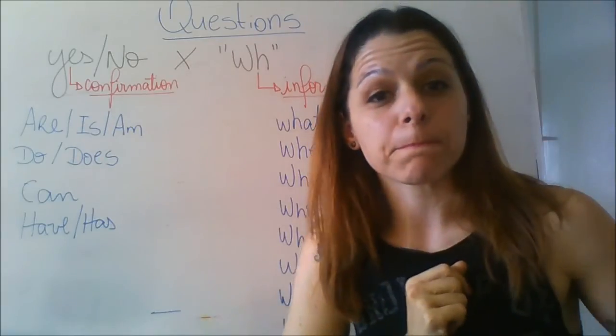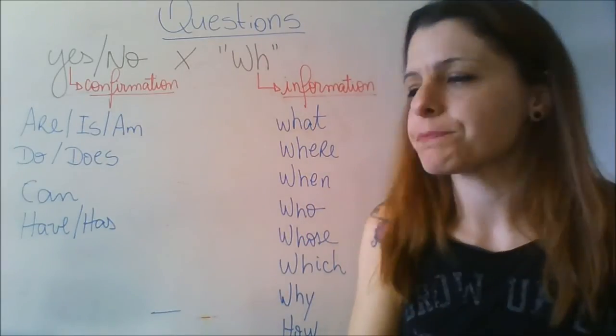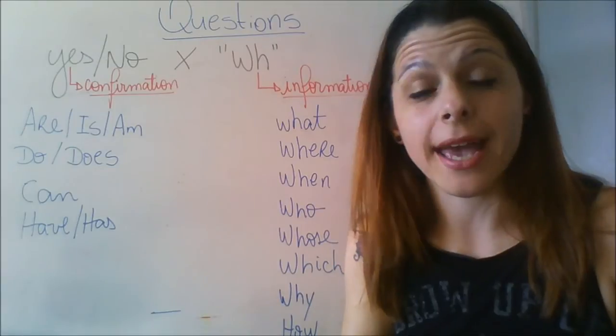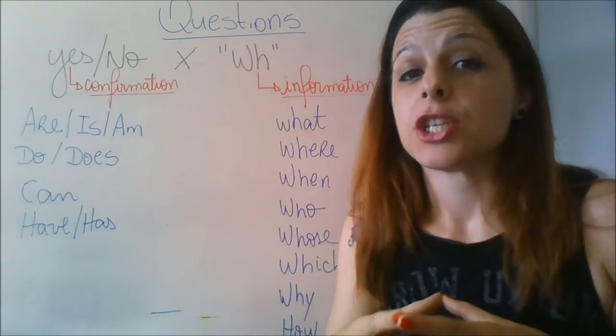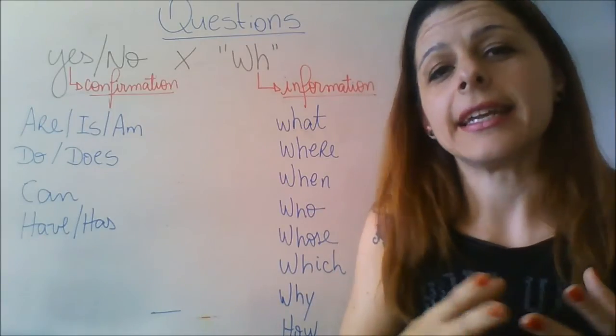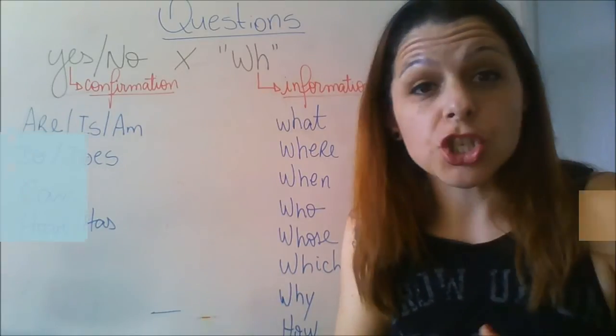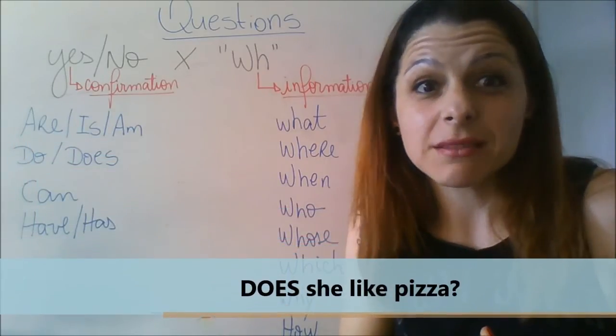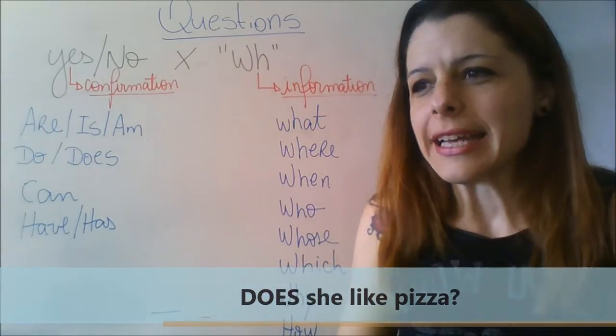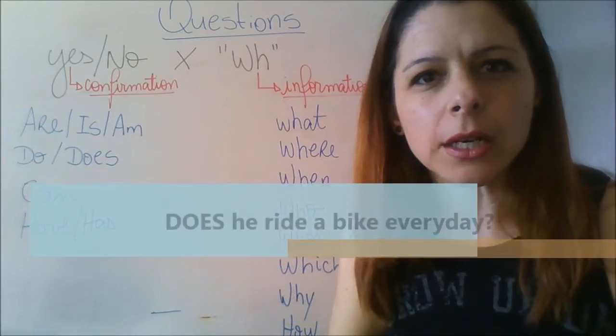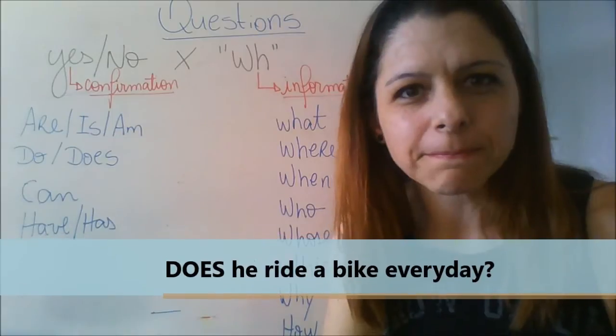Let's create an example with does. So remember, does we have to use before she, he, and it. Okay, so does she like pizza? Or does he ride a bike every day?